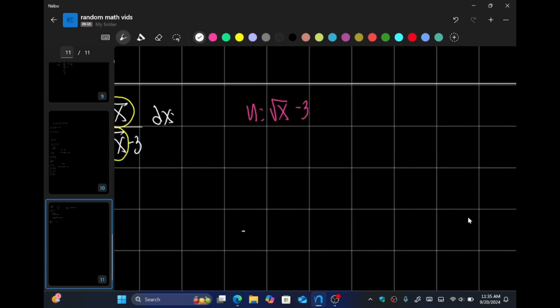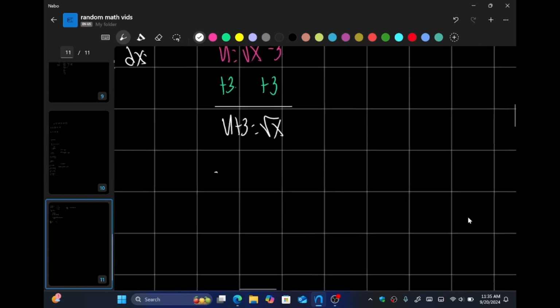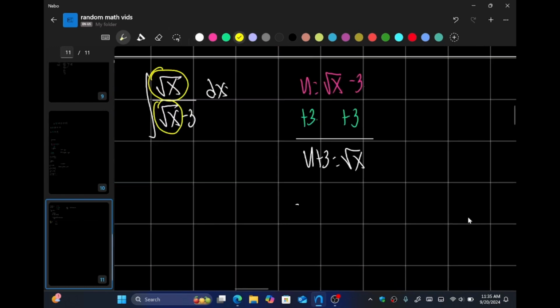So we're going to say u, and we're going to add 3 to both sides, right? So u plus 3 equals root x. So we're going to say u plus 3 over u plus 3 minus 3, right?